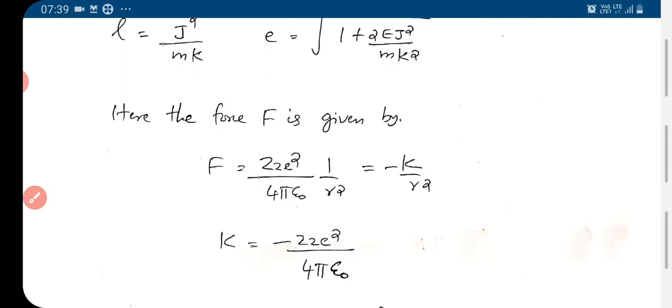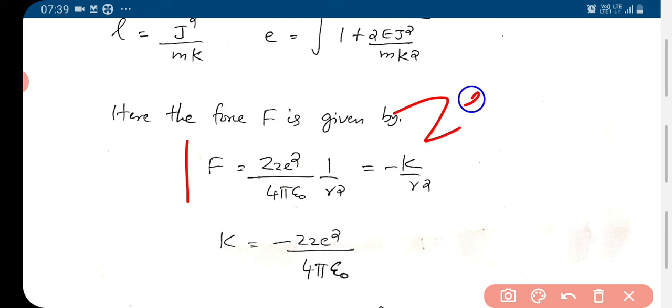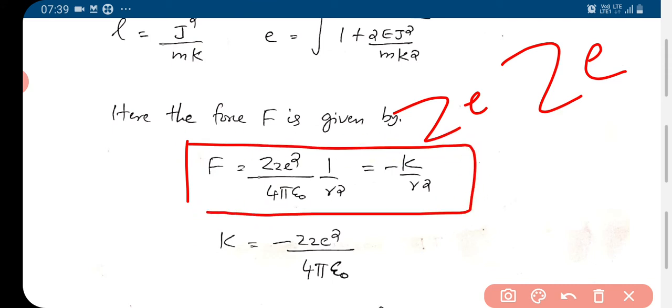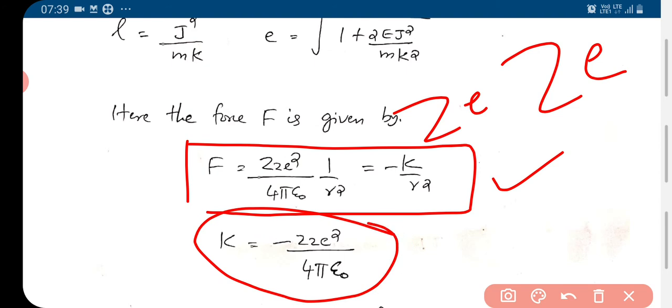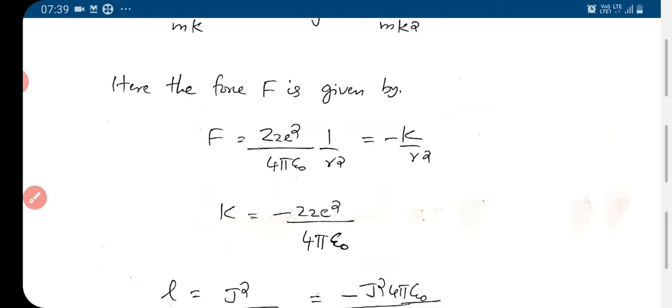The force is given by F equal to Z e squared. This is the repulsive force, and the two charges are small z and capital Z. This is equal to Z e squared by 4 pi epsilon 0 times 1 by r squared, which is equal to minus k by r squared, and k is given by minus Z e squared by 4 pi epsilon 0.